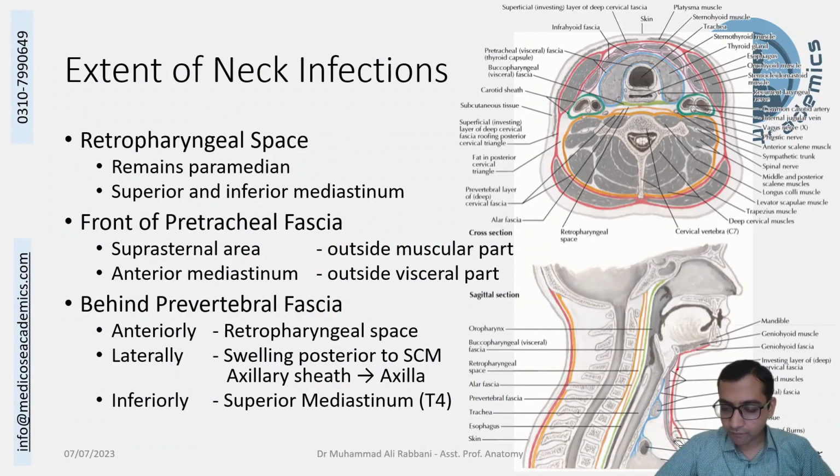But if the infection is between the muscular layer and the visceral layer, outside the visceral part, inside the muscular part, then it moves down, and as you can see in the superior mediastinum, it will move to the inferior mediastinum in the anterior compartment. It will move to the anterior mediastinum. So this is how the infection spreads downwards.